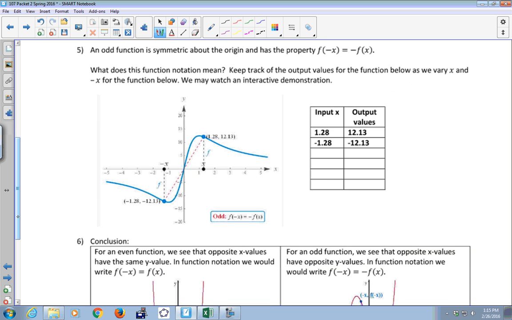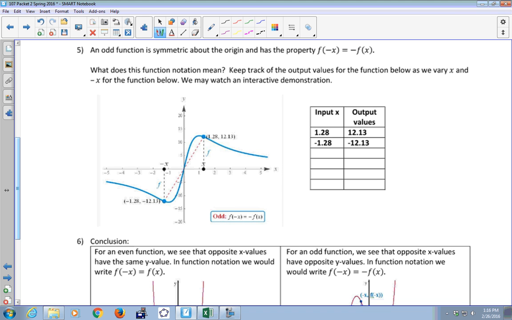Now an odd function, odd is just another way of saying that a function displays something called origin symmetry. So with origin symmetry, you have to make two folds, fold over the x-axis and then fold over the y-axis, and the two pieces of the graph will line up with each other. So we call that origin symmetry.